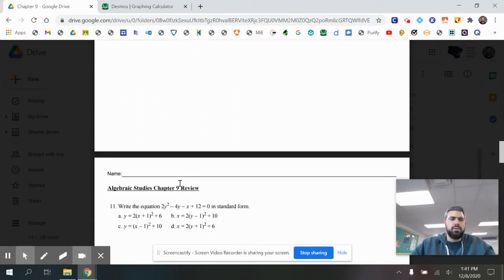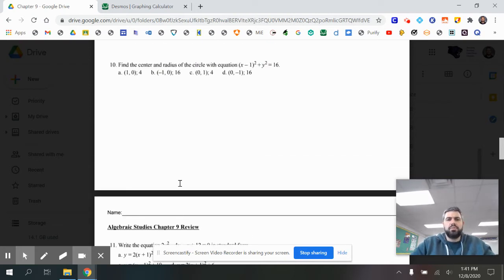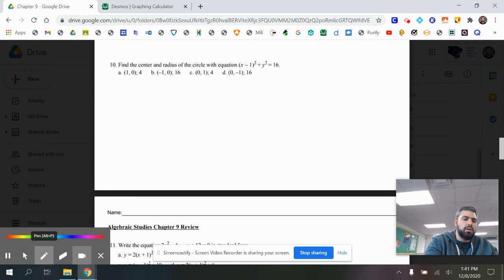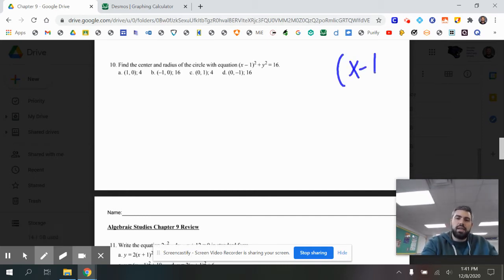All right, next one, number 10. It says, find the center and radius of a circle with equation x minus 1 squared plus y squared equals 16. So from the equation of a circle, which is x minus h squared plus y minus k squared equals r squared, we can figure out that our h is going to be 1.